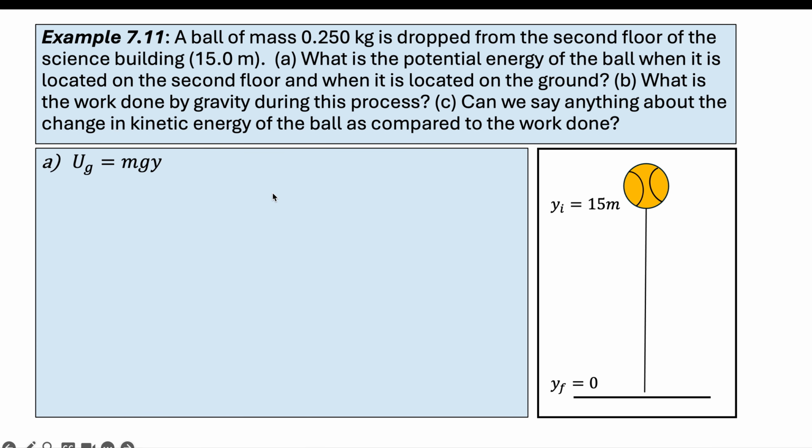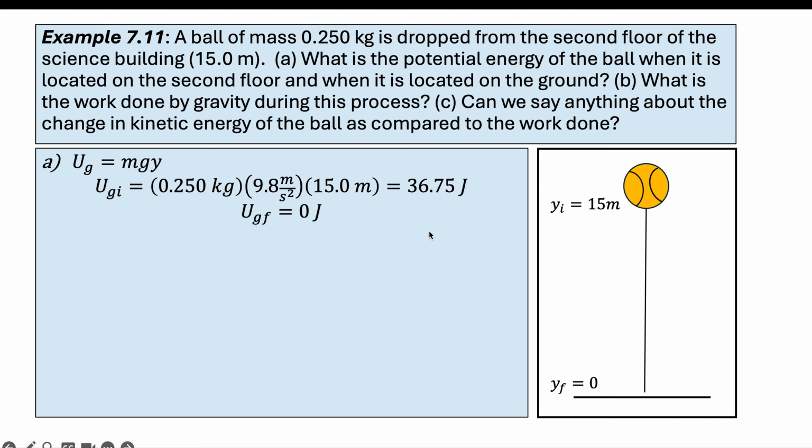So we know gravitational potential energy is just mass times gravity times our vertical position. So our initial gravitational potential energy would be 0.25 kilograms times gravity, 9.8 meters per second squared, times the height of 15 meters, which would be 36.75. The final gravitational potential energy would just be 0 because I'm on the ground, or just before I hit the ground.